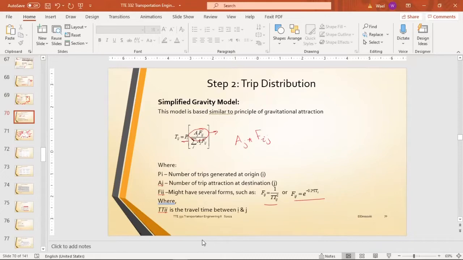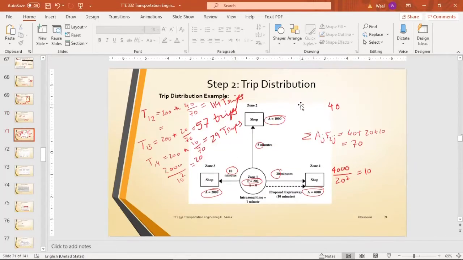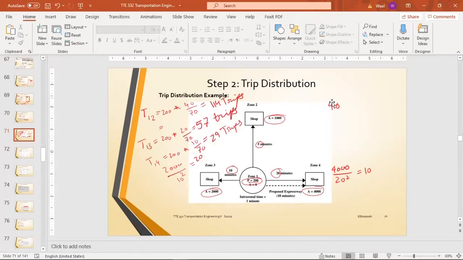Here we have a simplified version, where basically we ignore the socioeconomic factor and we focus on the amount of attraction and the friction. And the friction function, as I mentioned, can be in this form or negative exponent form like this one. So here we have an example that we started on last lecture, but we are going to reiterate it and solve it again today.